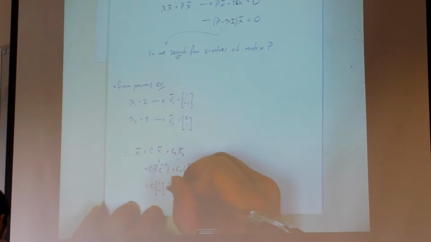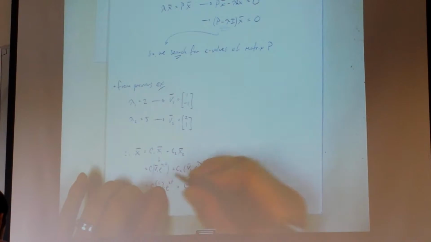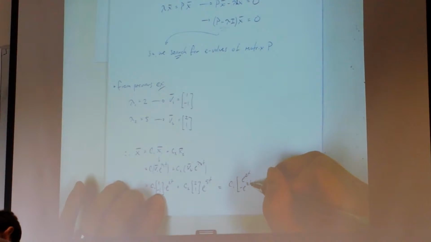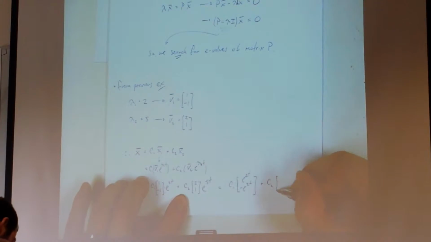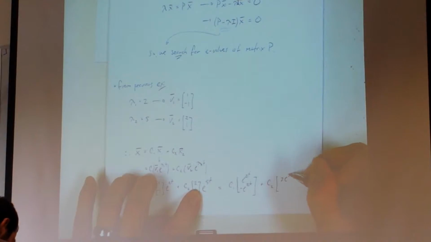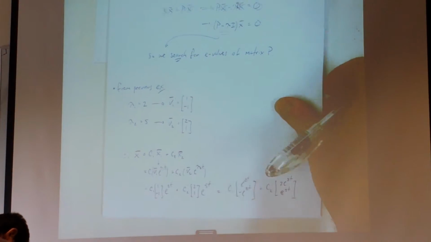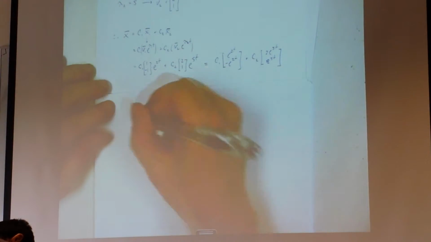If I push this scalar value through there, I can think of this as C1 times 1, negative 1, times e to the 2t, so that would be e to the 2t, negative e to the 2t, plus C2 times 2e to the 5t and 1e to the 5t. All right, so I'm just unpacking this dense vector form of our solution.